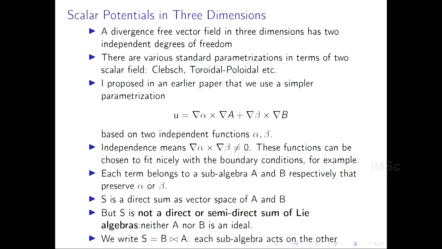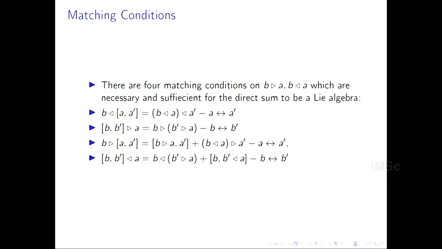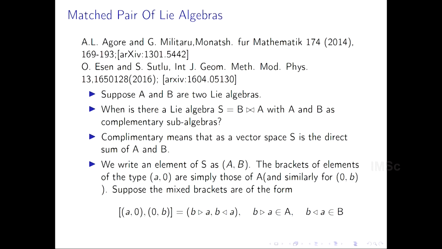So we can study this, and there is some literature about it in the mathematics literature. Suppose I am given two Lie algebras, A and B. How can I combine them to get a bigger Lie algebra S, without assuming that either A or B is an ideal of S? What conditions do you need? The necessary and sufficient conditions are called the matching conditions.